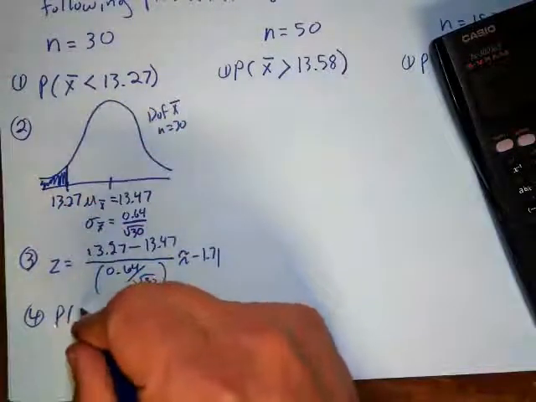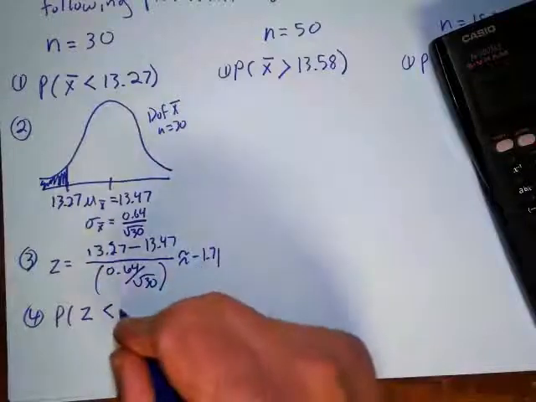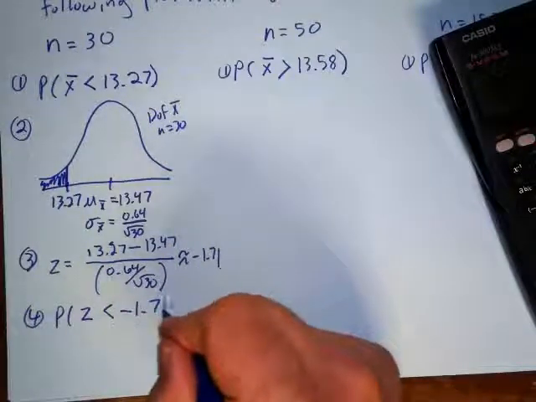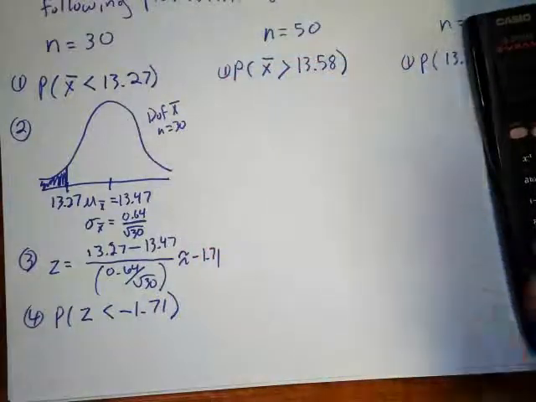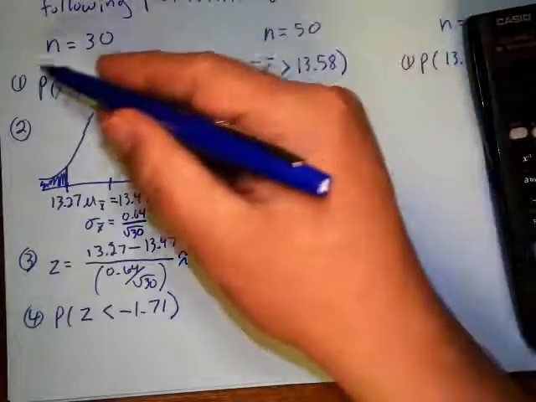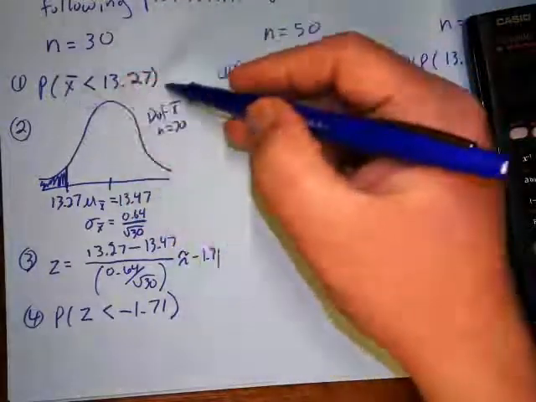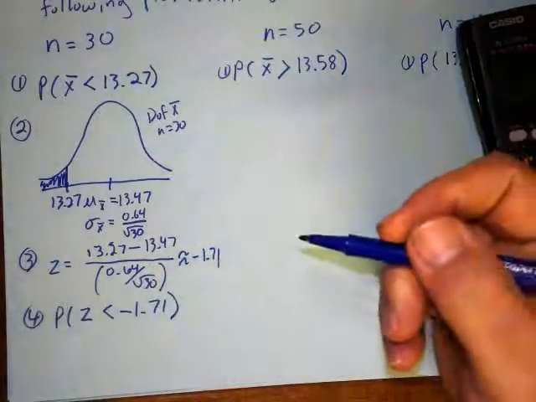So now, step 4 is I write out the corresponding z-score probability. Change my x bar to z, and it's less than this particular z-score, negative 1.71. What I've done is I've used the z-score formula for the distribution of x bar to reduce this x bar probability into its corresponding z-score probability.